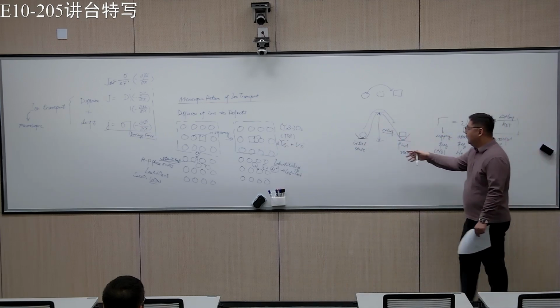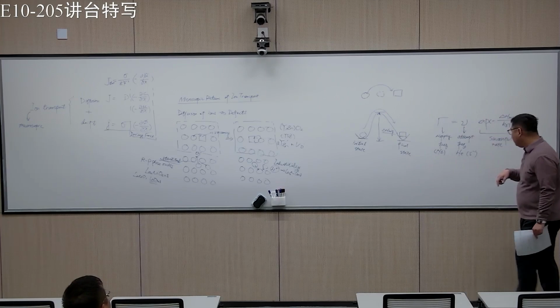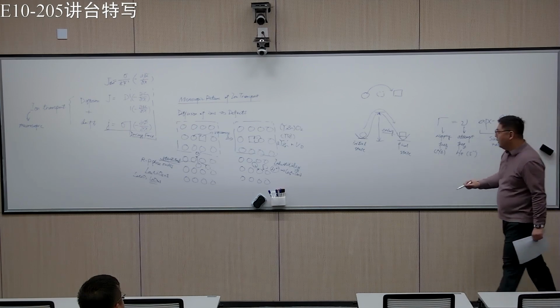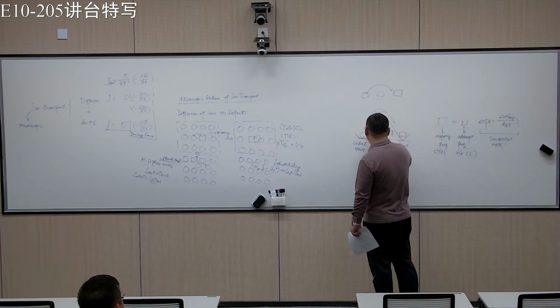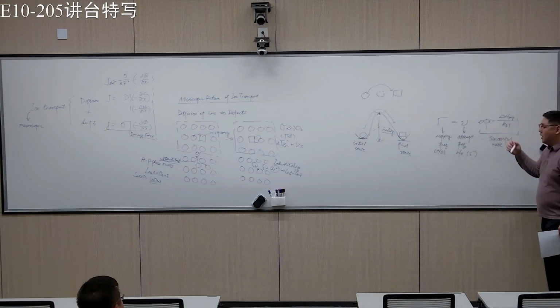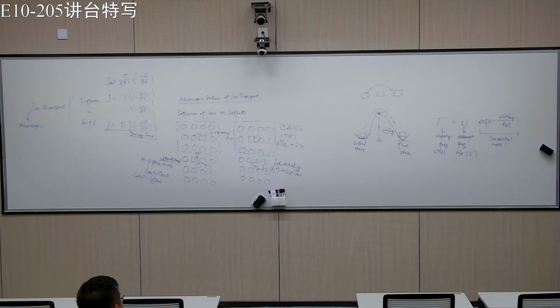So it has to be somewhere here. Okay. So what you can see is that the higher the temperature is, the higher the success rate is. Okay. Also, if you lower the delta H, if you lower the barrier, then of course the success rate becomes higher. Okay.